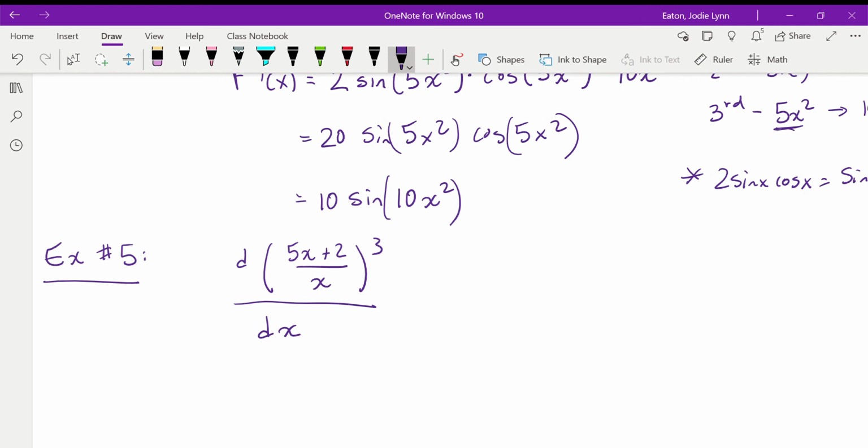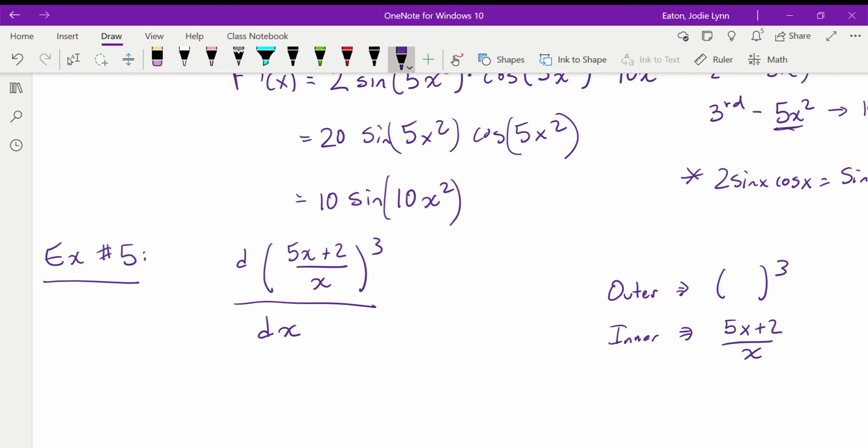We have 2 things happening. The first thing we deal with is our outer function, the most outermost function, which is stuff cubed. And then our inner function is 5x plus 2 over x. Now we don't need to use the chain rule on the inner function because it's not a composition of functions.